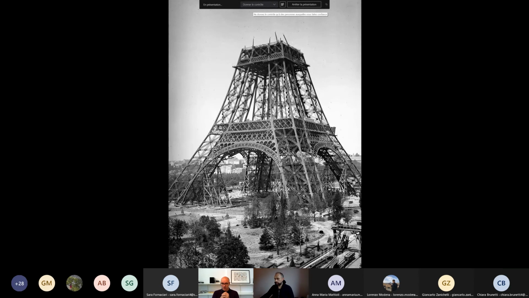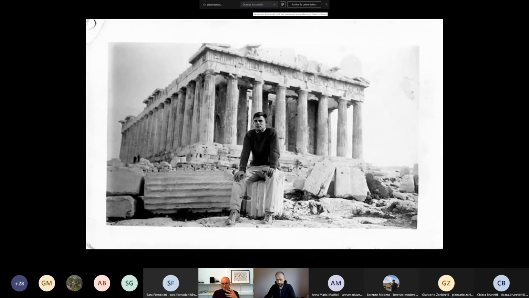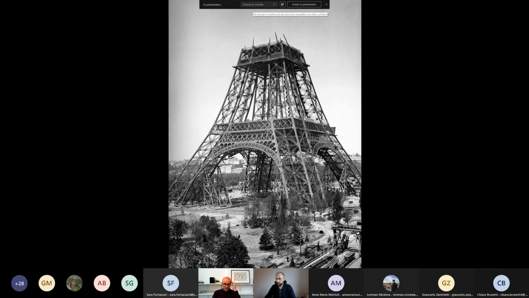I'm interested in lightweight architecture mostly in its deep recursive nature. Basically, the difference between this kind of old style stone-based architecture, which can't be recursive, and this kind of steel-based architecture, which is deeply recursive.